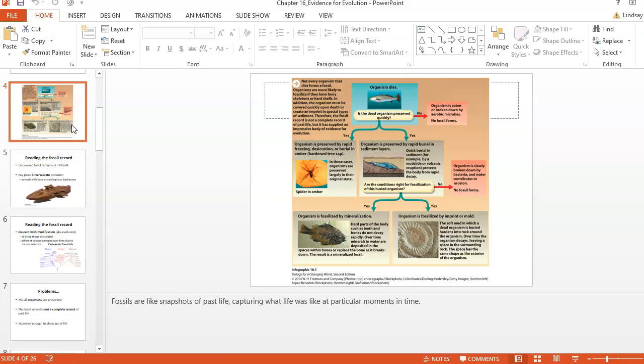However, if you are a soft-bodied organism, let's say like a worm or a leech, you're probably not going to leave a whole lot of trace behind that you were ever there. So even though the fossil record is amazing, it's not going to show every single organism that was present throughout the history of life on Earth.